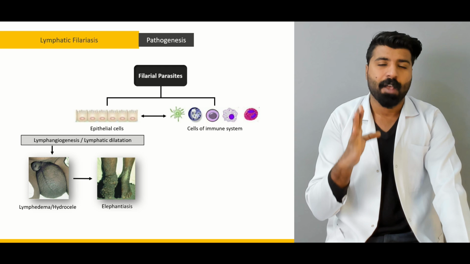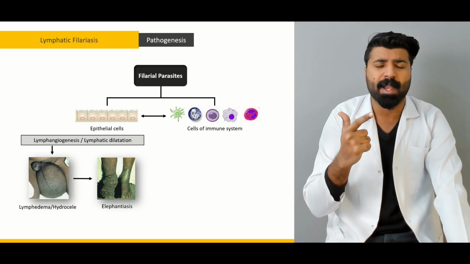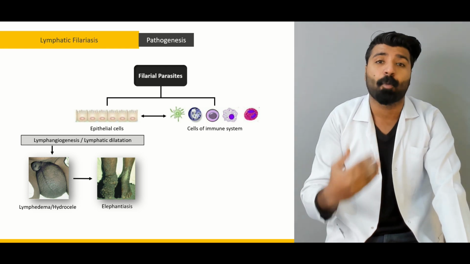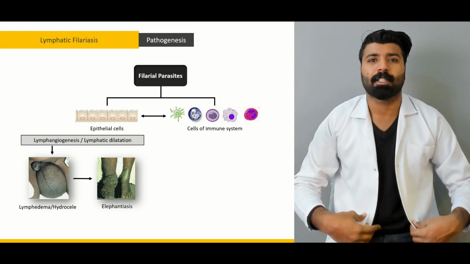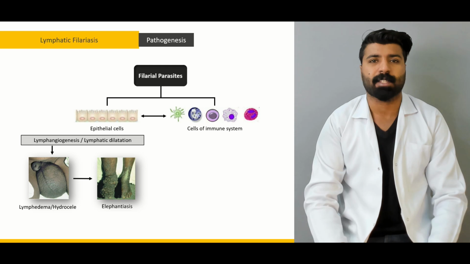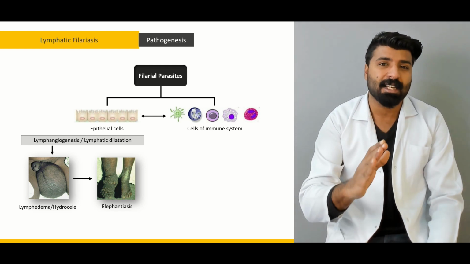Now, all of these will be because of dead parasites, the toxins released by them, and the hypersensitivity reaction. The way the body reacted to this parasite, the way the body reacted to those toxins released by these parasites. Now, these will be the consequences in epithelial cells.